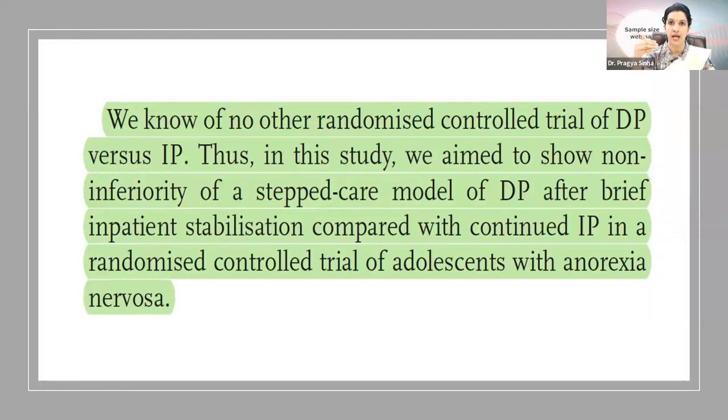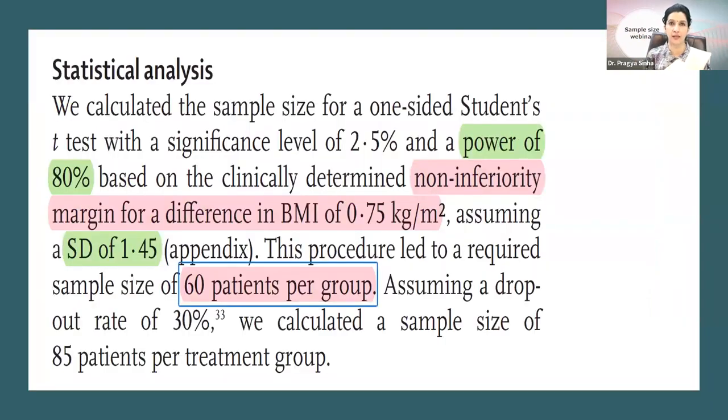Then they calculated the sample size for one-sided with a significance level of 2.5%. So in this case, they have reduced the significance level, and they have set the power at 80%. The non-inferiority margin is a BMI difference of 0.75.